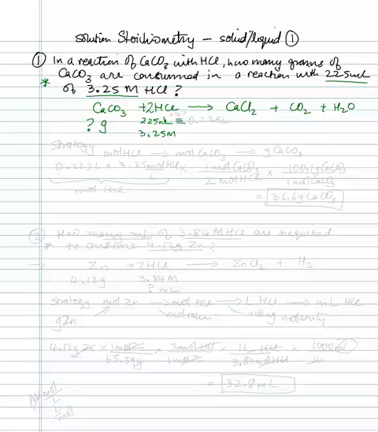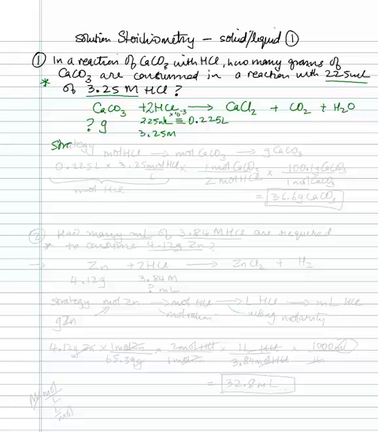And I immediately convert my milliliters into liters. Okay, so 225 milliliters. You can also multiply it by 10 to the negative 3 if you want to, because that will convert it into liters. So that's always a good thing to do.